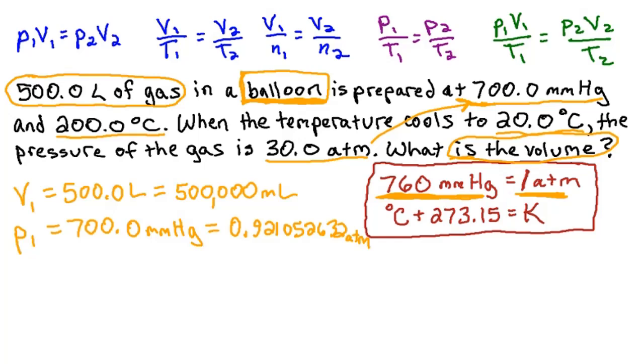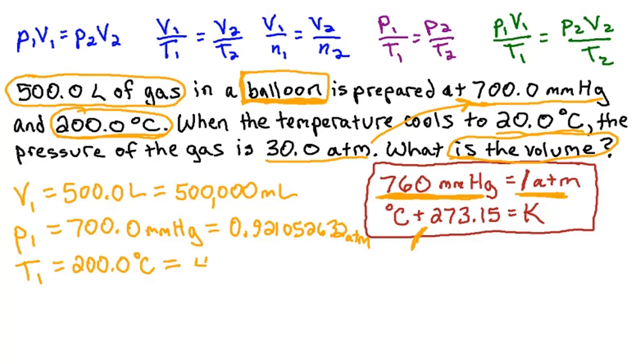And that's our P1. And then our temperature one, the temperature we started out with, is 200.0 degrees Celsius, and to translate that into kelvins, we need to add 273.15.